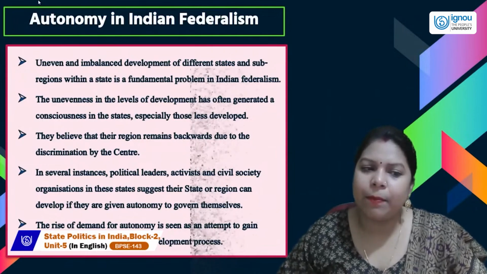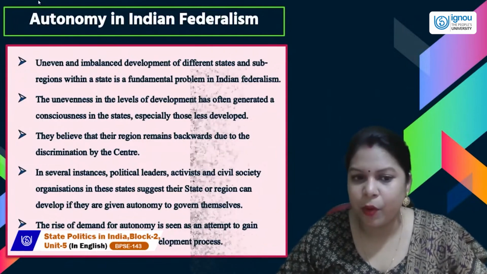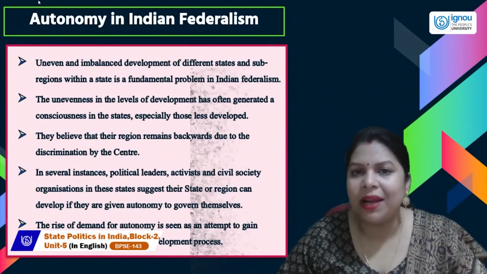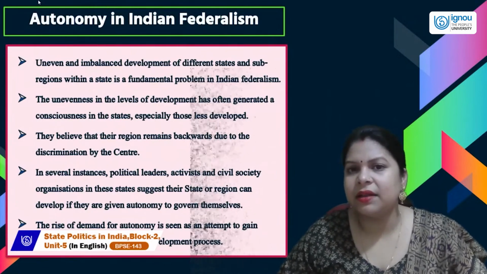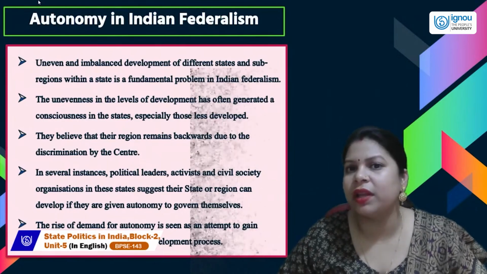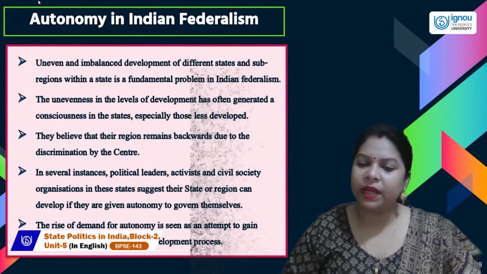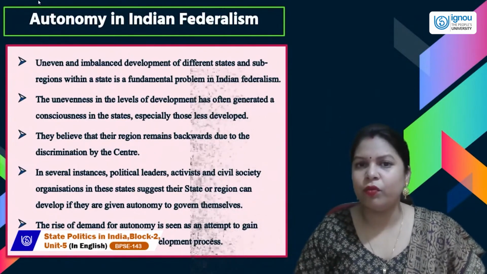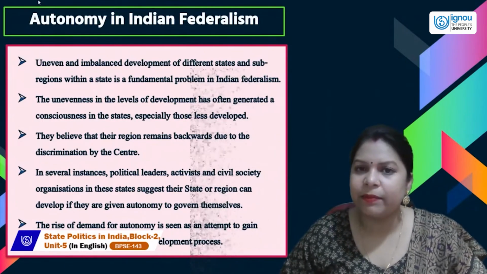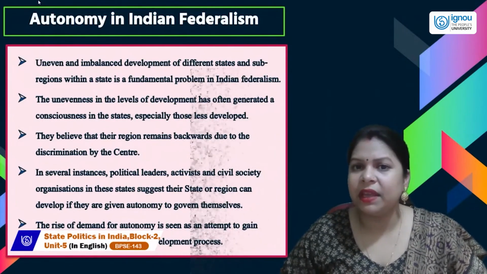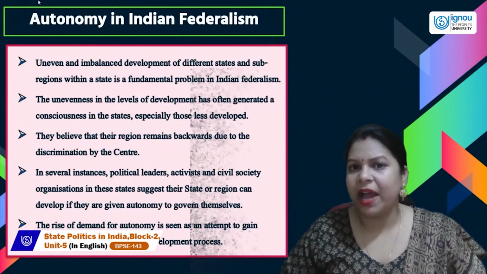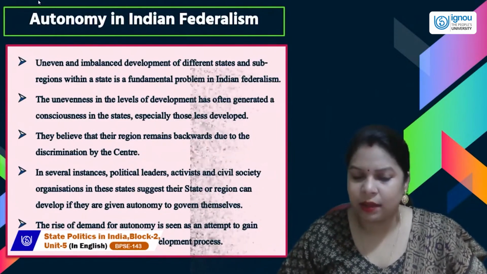That consciousness generally arises among those who are less developed, because the other states who are developing well concentrate on their development, and it is the less developed states who understand that something uneven, some imbalance is happening, for which they are not at par with other states.